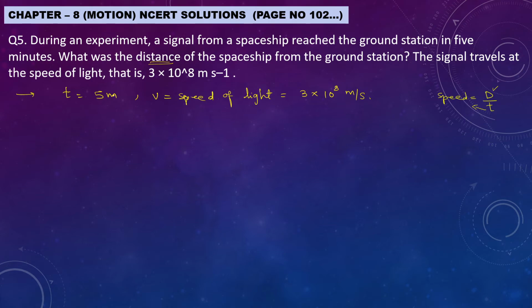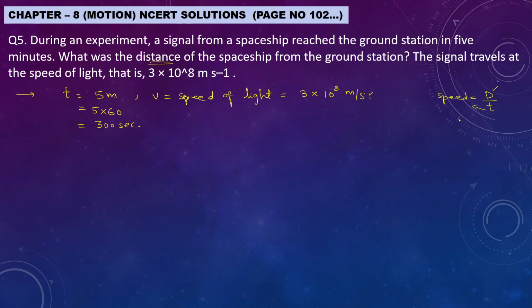Here we have the time in minutes, but the speed is in meters per second. So always remember while solving numericals, always check the unit first. Here we will convert minutes to seconds. We know 1 minute is 60 seconds. So 5 minutes is 5 into 60, that is 300 seconds.